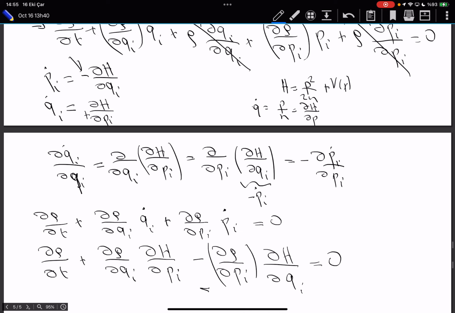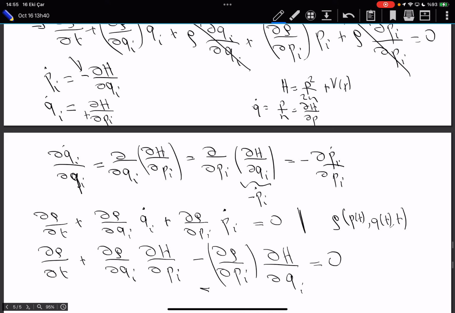But now let's look at this equation first. Just imagine I'm following one of my points with time. Then the density at the position of that point will be given by rho of p of t, q of t, and t. I'm just following one point.